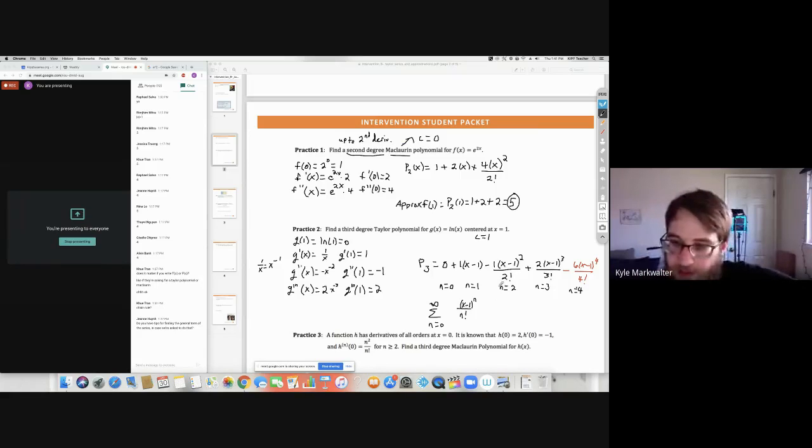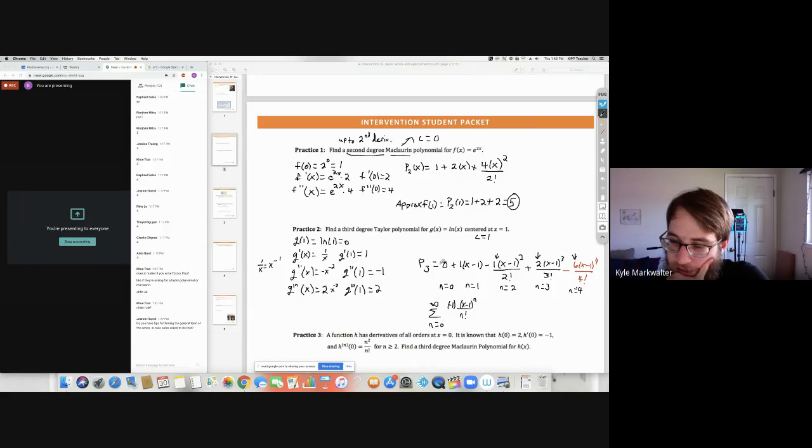Now here's where things get a little funky. What's going on with these coefficients here? I notice that it is alternating: 0, plus 1, minus, plus, minus. That gets interesting. So it's alternating, and I will need some alternating thing in here. That means I need a negative 1 hanging out in here.